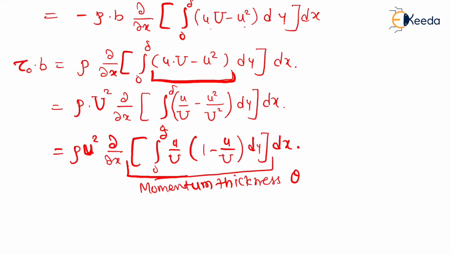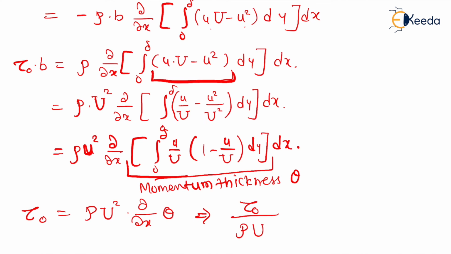So we will have tau naught as rho into U square into ∂/∂x of theta. So I can say that tau naught upon rho U square is equal to ∂theta upon ∂x.